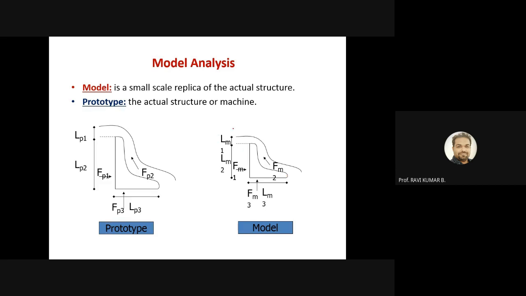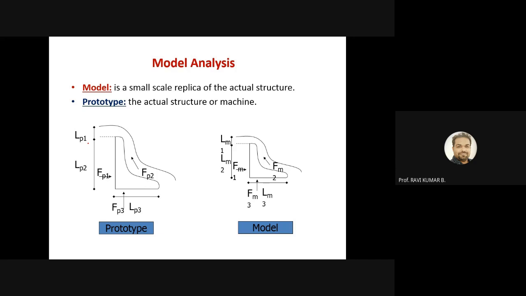Here this length will bear a certain relationship with the length of the actual structure that we will define. So length ratio, velocity ratio, force ratio, all those things will be defined. The force on the model will be some multiple of the force on the prototype, that is, the actual device. That interrelationship that we are going to develop is called similitude.